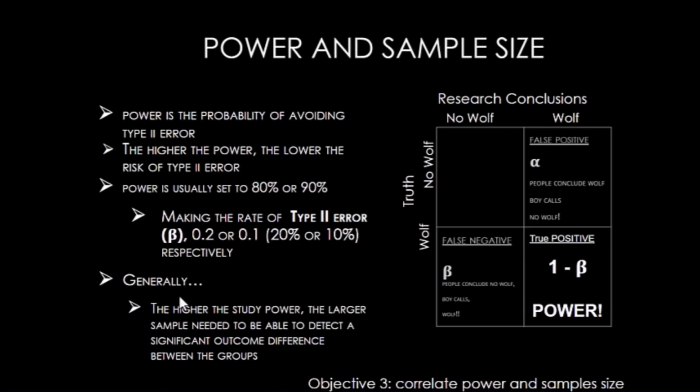In research, a power is usually set to 80 or 90%. So that would make, just mathematically, 1 minus beta, the type 2 error 0.2 or 0.1, which is usually how it's represented, which is 20 or 10% respectively. So when we're talking about power in a study, in general, the higher the study power, the larger sample needed to be able to detect a significant outcome difference between the groups.